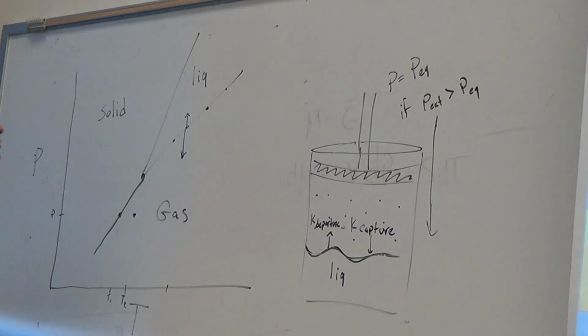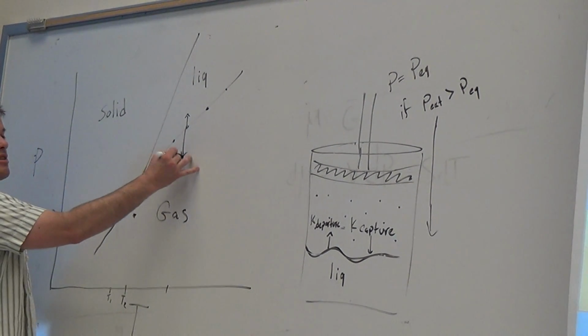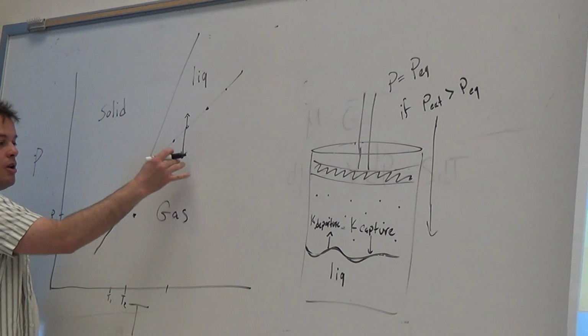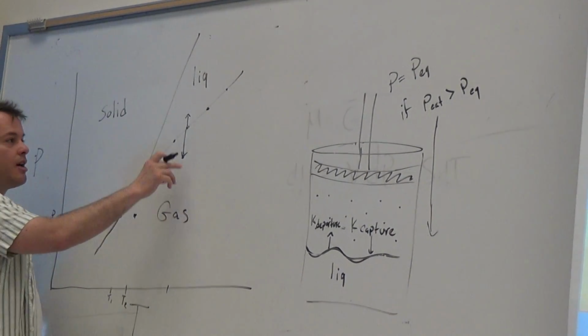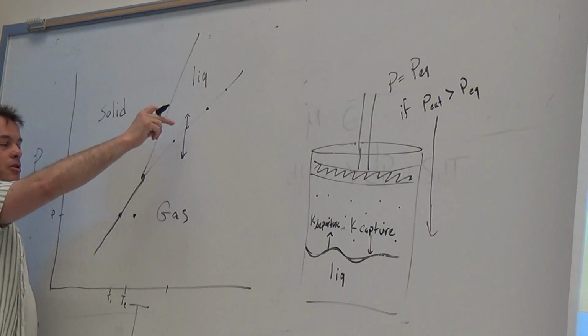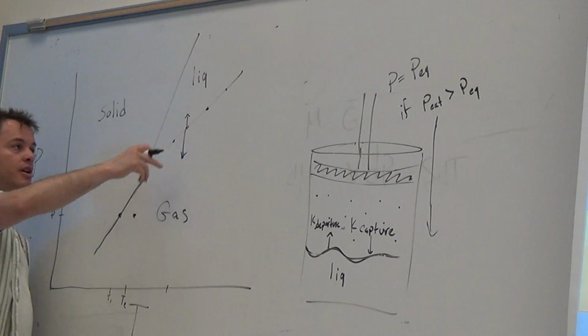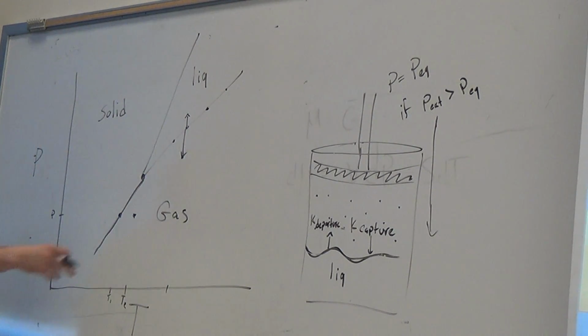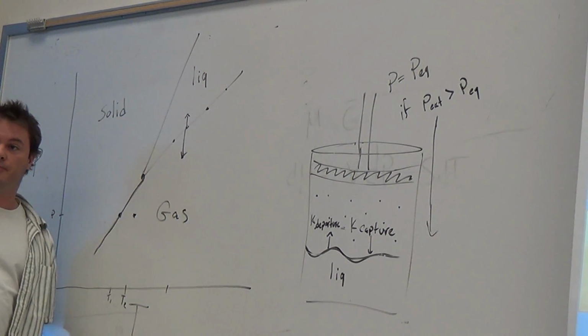So anytime the pressure is less than the equilibrium vapor pressure, we favor the gas phase. Anytime the internal pressure is greater than the vapor pressure, we favor the liquid phase.